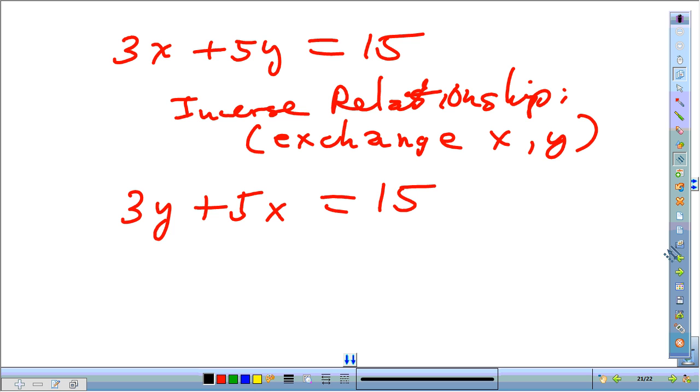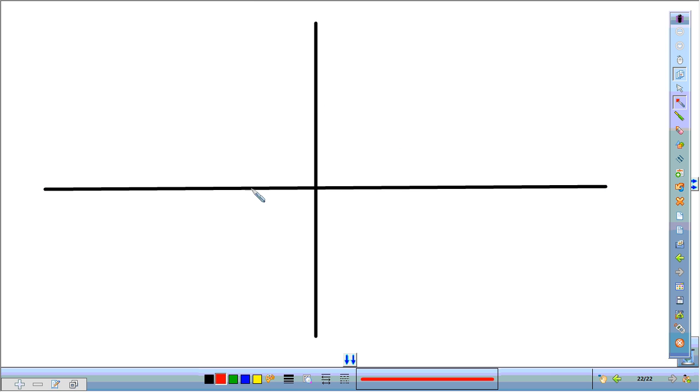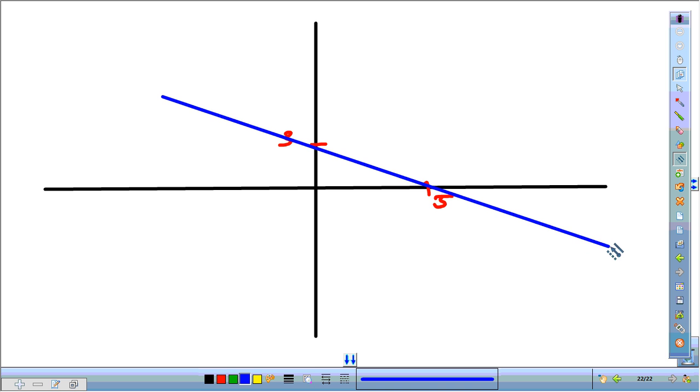So if we take this first relationship, 3x plus 5y, if we found the intercepts, when x is 0, y would be 3, when y is 0, x is 5. So we have a straight line.